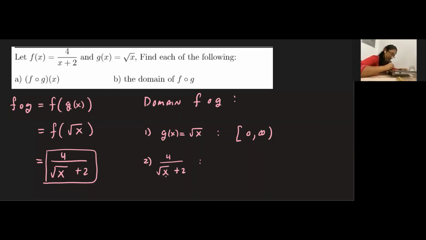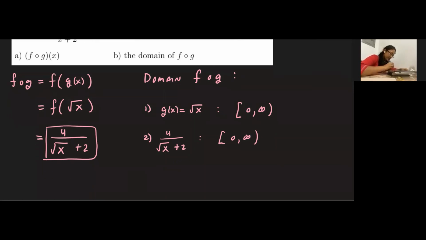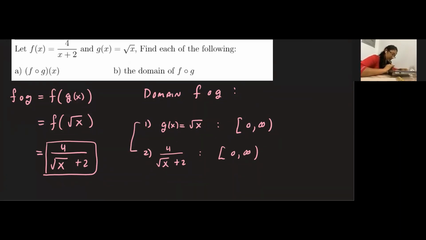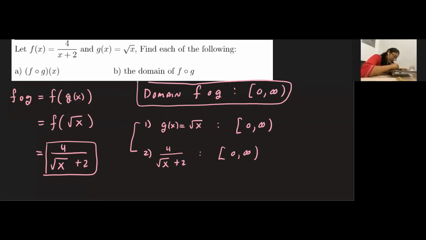So it looks like the domain of this piece is also 0 to infinity, because there is no real number from 0 to infinity that will not satisfy this function. So putting 1 and 2 together, the domain of f circle g is 0 to infinity. So that's the domain of the composition. All right, so this is it. I hope this makes sense.